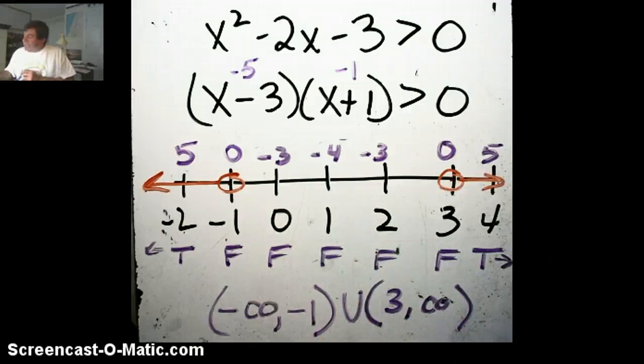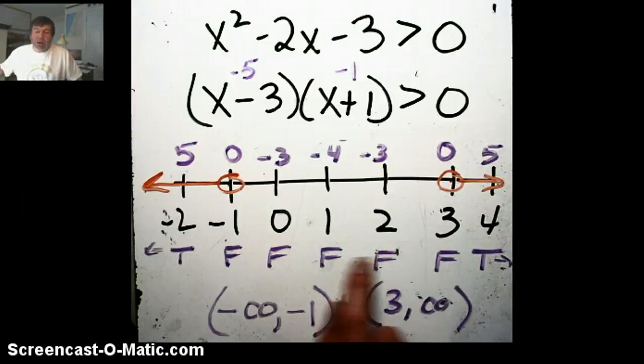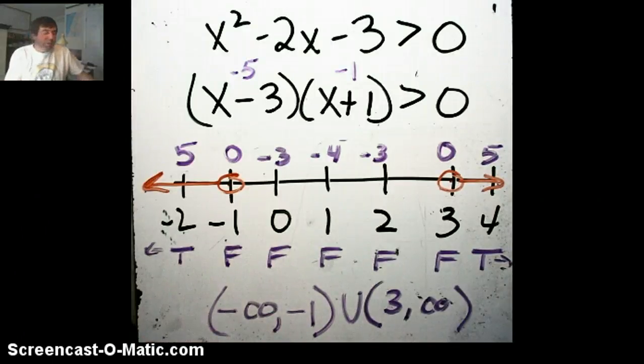So this is the orange solution in interval notation, but the orange solution is just a description of how I work the numbers and how I determined whether they are true or false all the way across here. So I hope this little video helps you get the gist of what we're talking about.